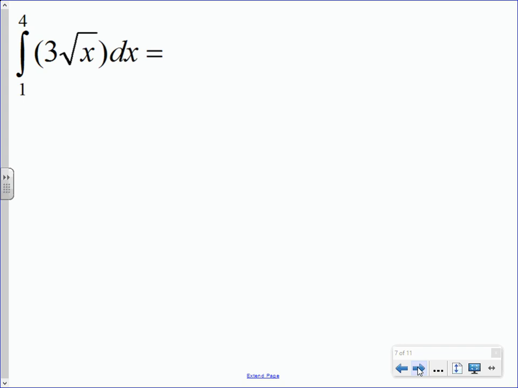Okay, don't forget all of the work we did at the beginning of January. 3 radical x we're going to view as 3x to the 1/2. So 3x to the 1/2, that antiderivative would be 3 times x to the 3/2.